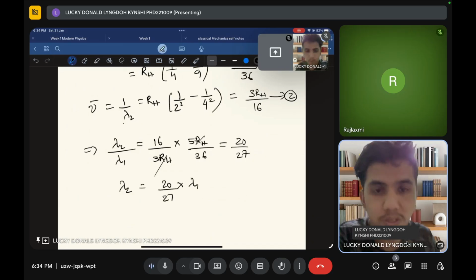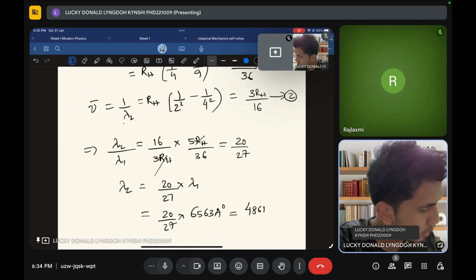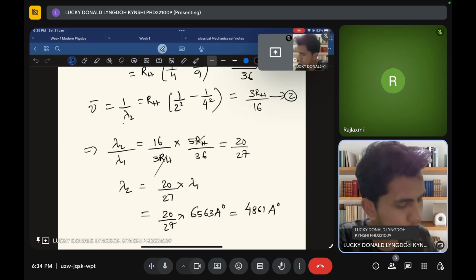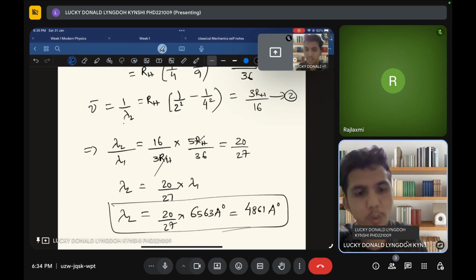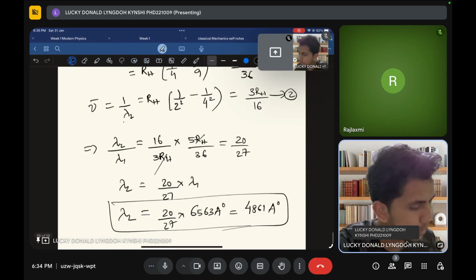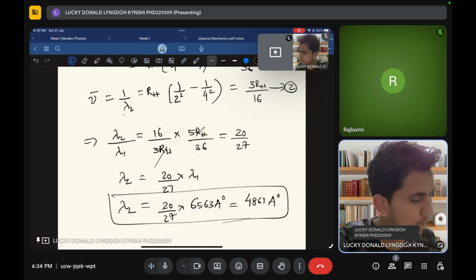Lambda 1 is already given to you in the question. So we get 20 by 27 into 6563 Armstrong, which is equal to 4861 Armstrong. The transition from n equal to 3 to n equal to 2 gives a wavelength of 6563 Armstrong. But the transition from n equal to 4 to n equal to 2, which is the second line, is 4861 Armstrong.